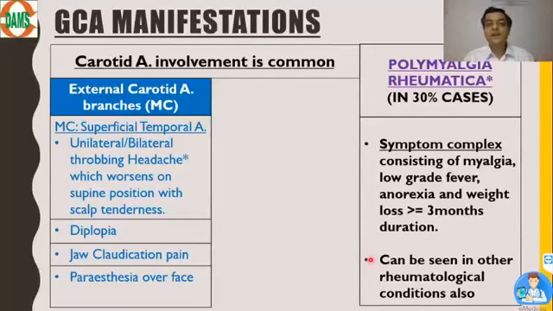But why are we studying it in today's rheumatology class? Because the most common rheumatology disease associated with this symptom complex is giant cell arteritis.